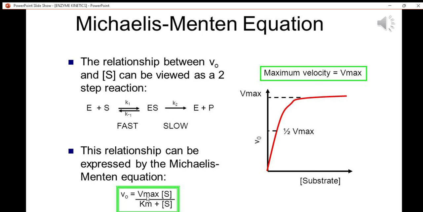What is the Km value? It is the concentration of the substrate at which the velocity of the reaction is half of the maximum velocity, plus the concentration of substrate. This is the valuable world famous Michaelis-Menten equation.